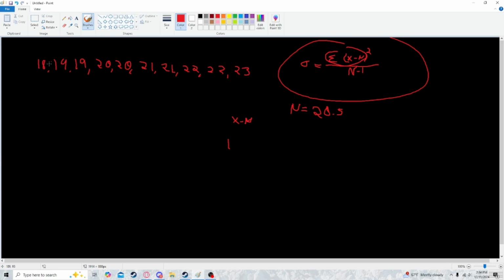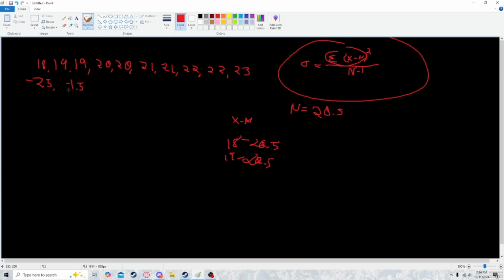So we're going to do each of these one by one. So 18 minus 20.5 is negative 2.5. Okay, great, got that. 19 minus 20.5 is negative 1.5.